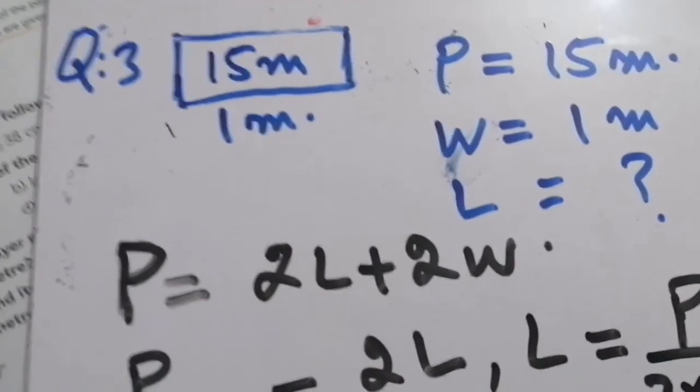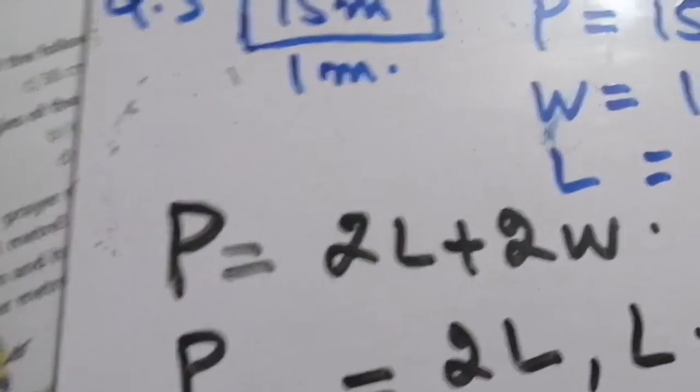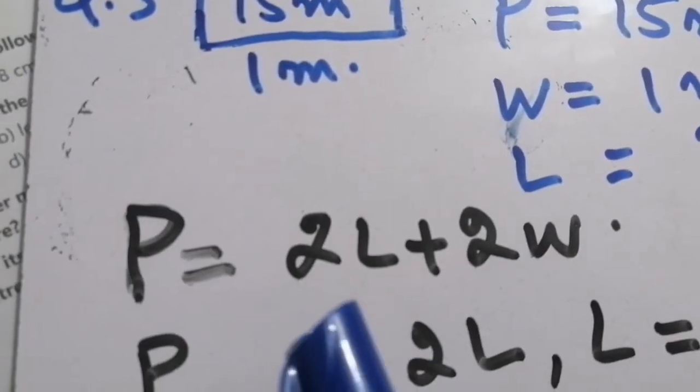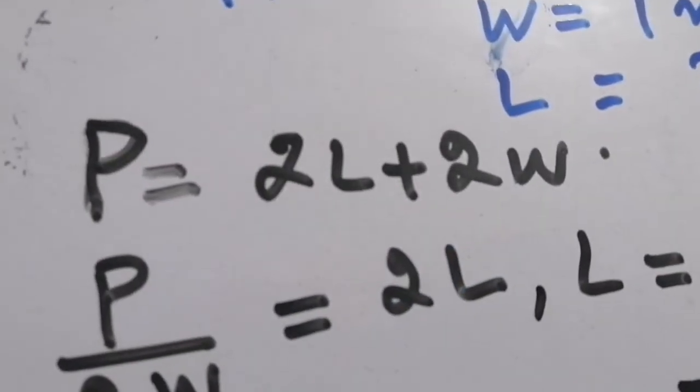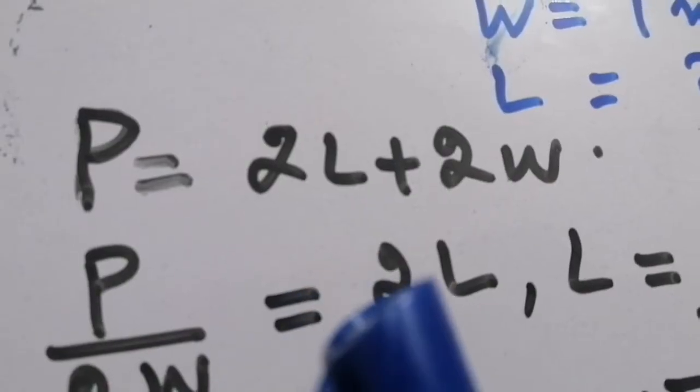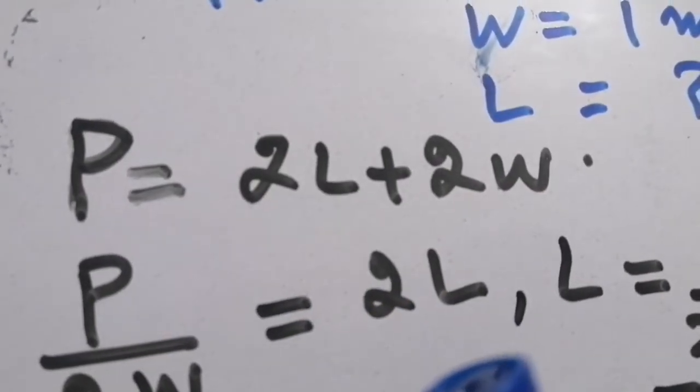So according to our formula, P is equal to 2L plus 2W.